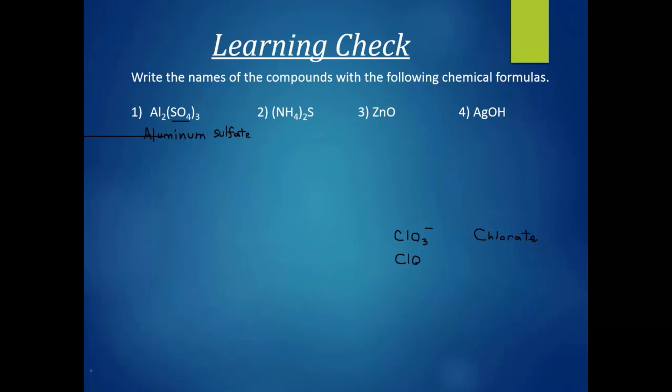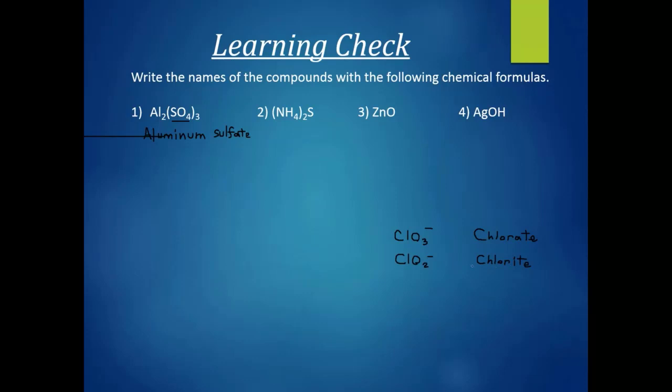But if it has one less oxygen than its most common state, you would get an ITE ending, and it would be ClO2 minus, chlorite. So it's the same charge.